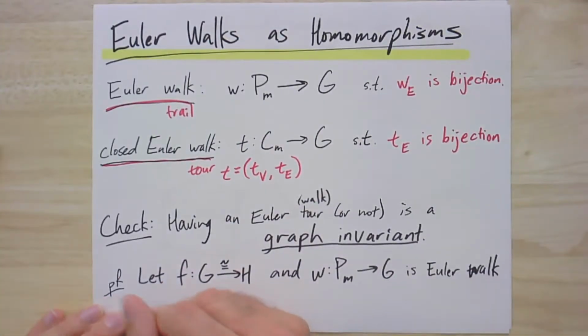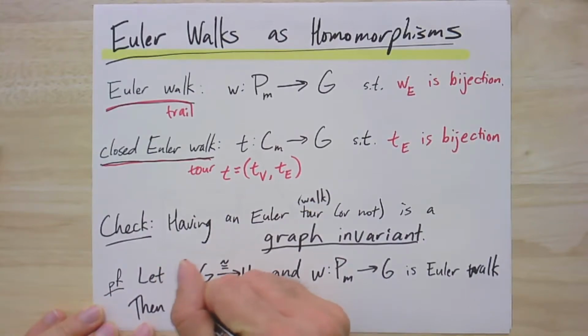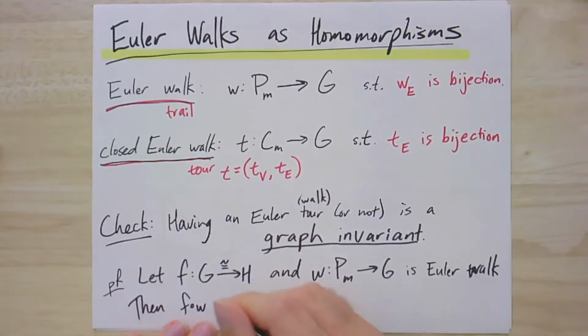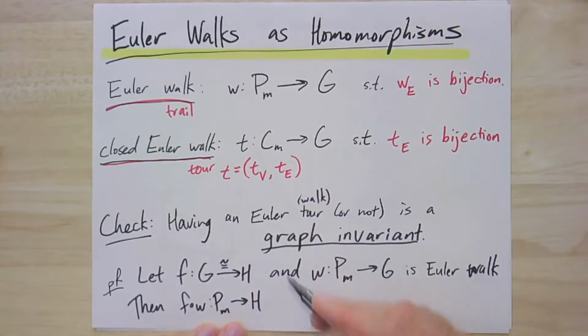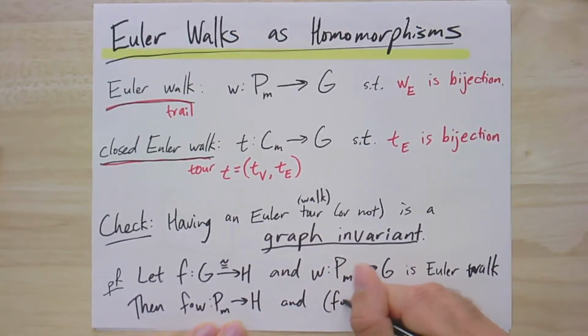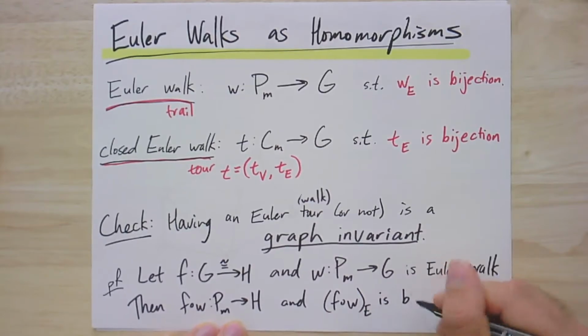So here it is, F composed with W, which takes the path into G, and then from G into H. So this is a walk, right? By definition, this is a walk in H, and it's an Euler walk because if I look at this function just on the edges, this has got to be bijective because it's the composition of two bijective functions.